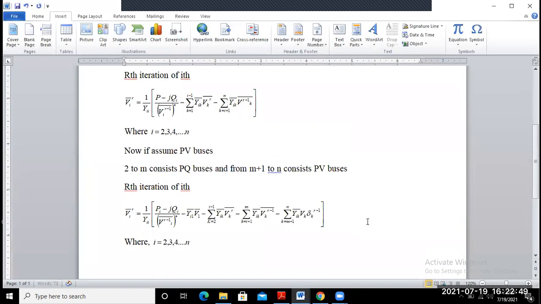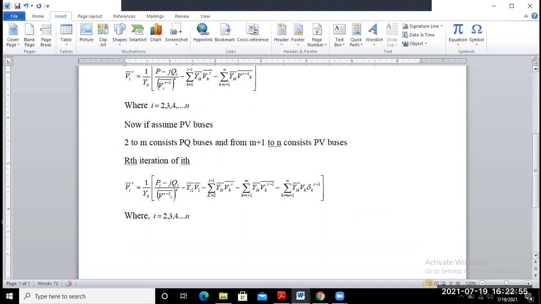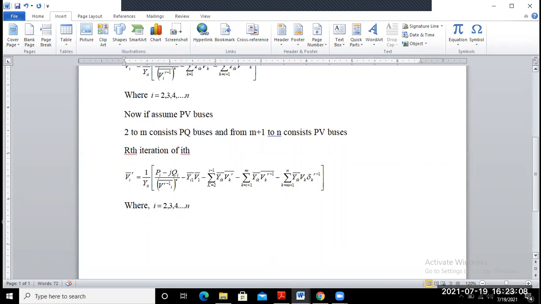Now, if you remember that complex power representation, then you may remember that S_i complex conjugate equal to P_i minus jQ_i.